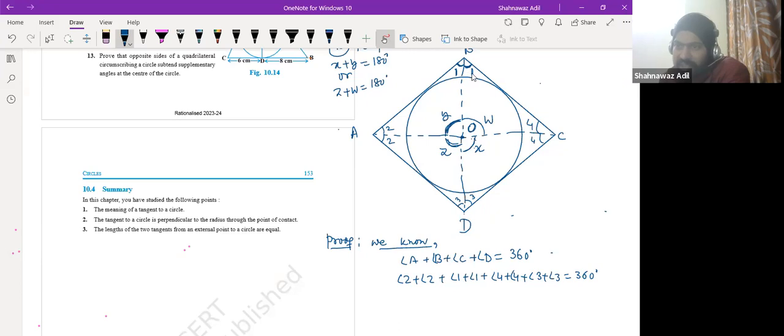I am just representing them by numbers, they are angles. So this is not 2 plus 2 equals 4.